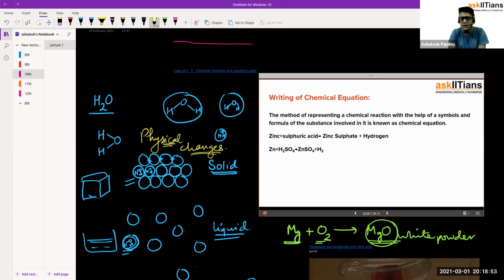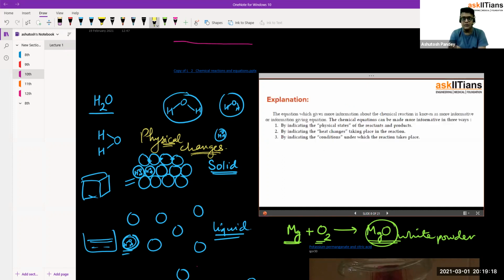Aqueous means dissolved. When something is dissolved in water, it is called the aqueous state. So we can take zinc here as solid zinc, and H2 evolves as gaseous hydrogen. So we can write the states of the different reactants as well as products.